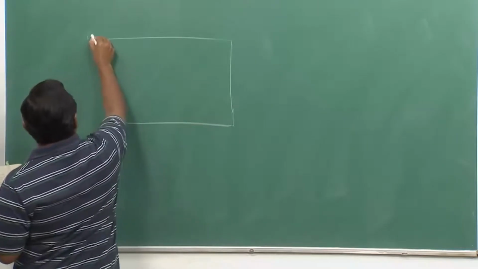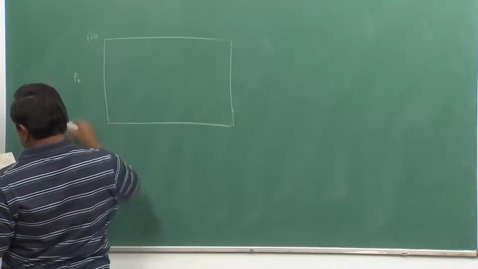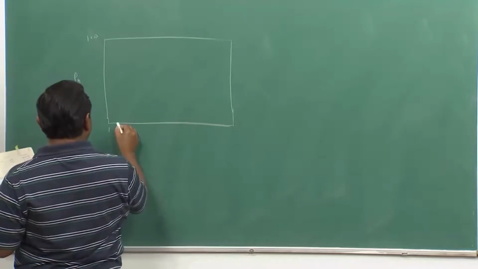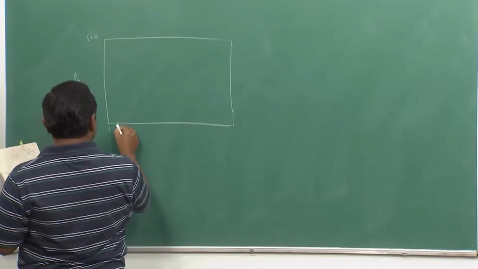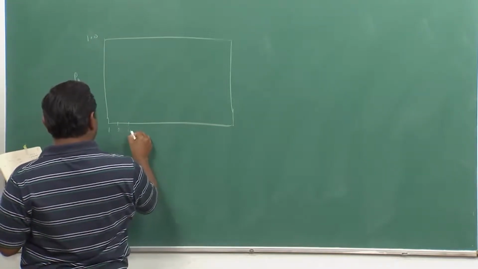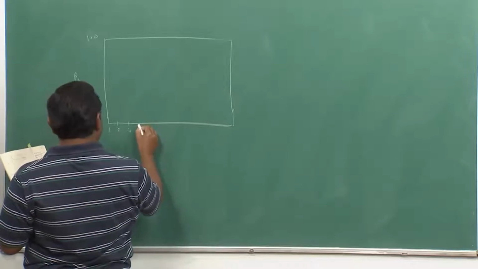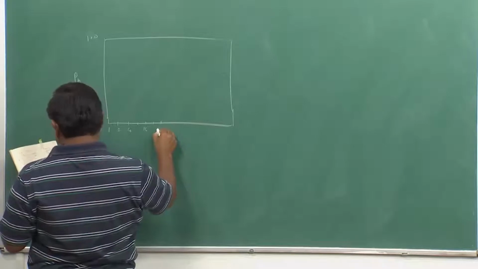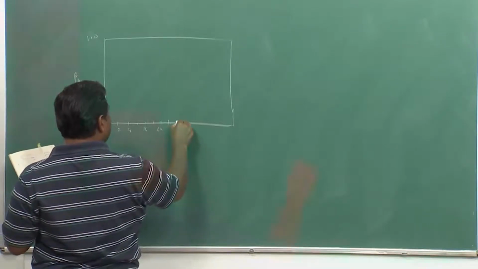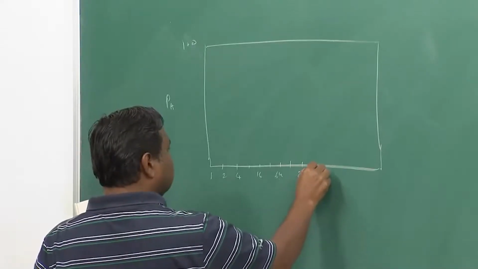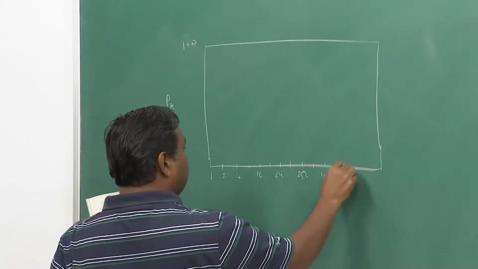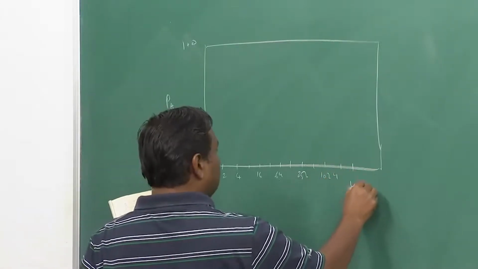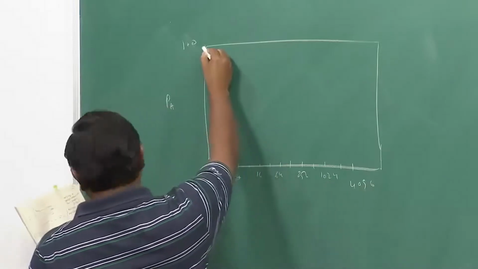It will start from 1.0, this is the probability, you start with 1, then 2, then 4, 16, 64, 256, 1024, 4096.